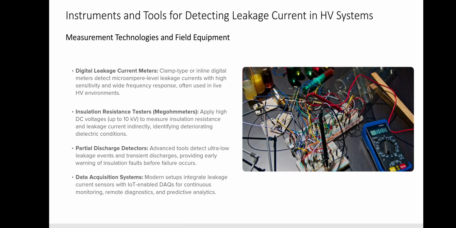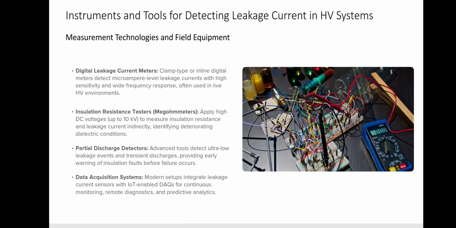Insulation resistance testers apply high DC voltage up to 10 kV to measure insulation resistance and leakage current, indirectly identifying deteriorating dielectric conditions.